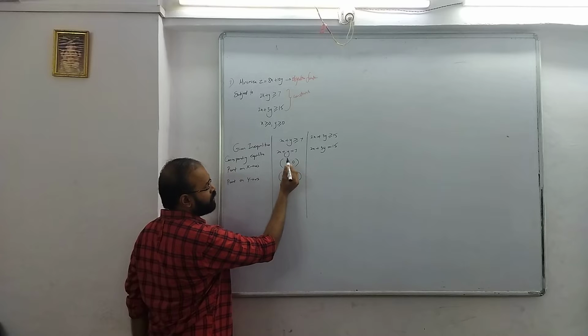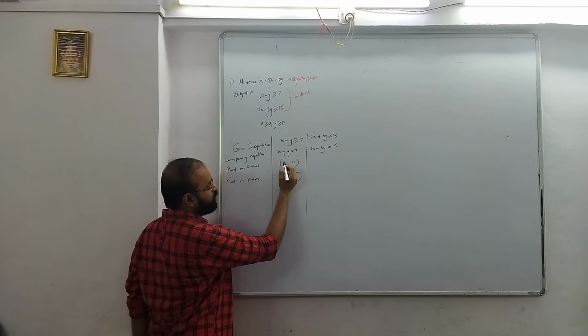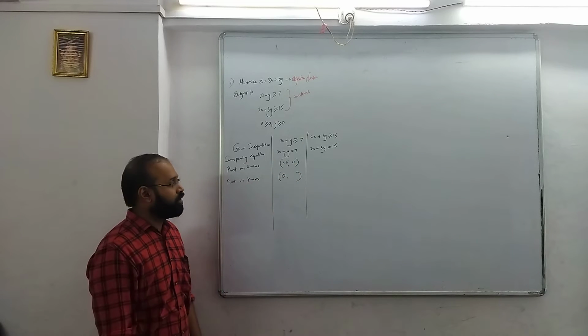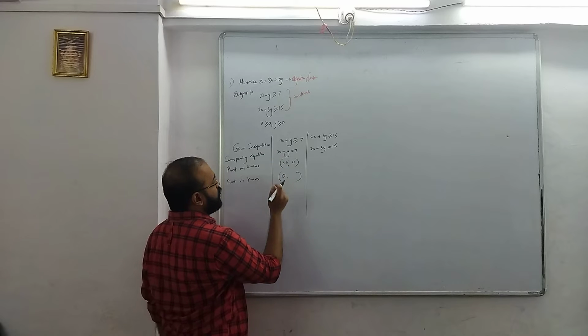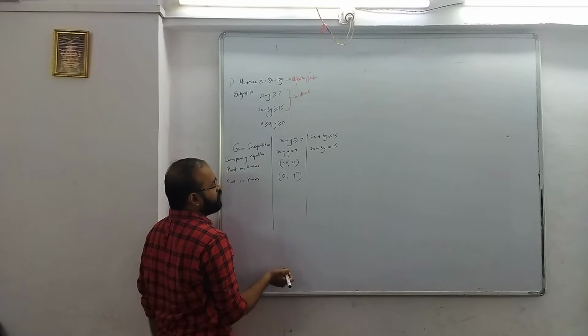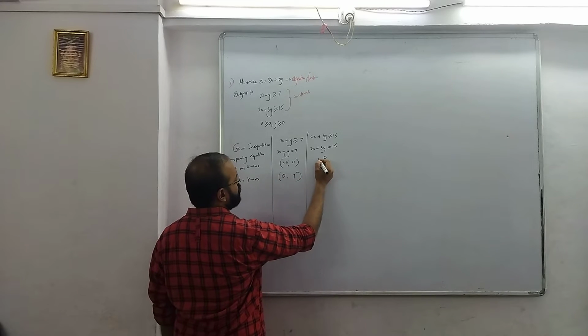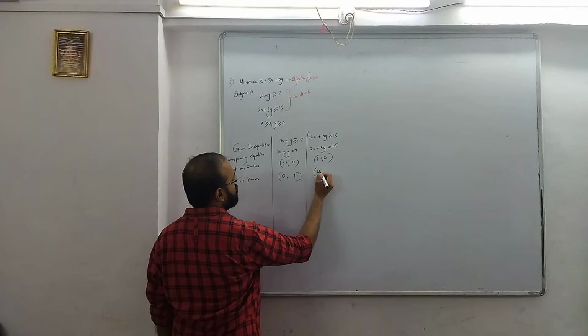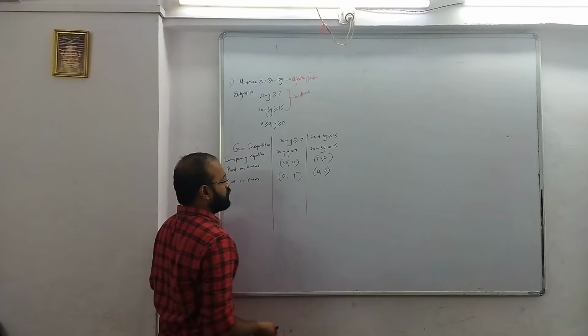So if I put y is equal to 0 over here, x is 7 by 2, which means 3.5. And if I put x is equal to 0, y will be 7. If I put y is equal to 0, x is 15 by 2, which means 7.5. And if I put x is equal to 0, y is 5, because 3y is 15.